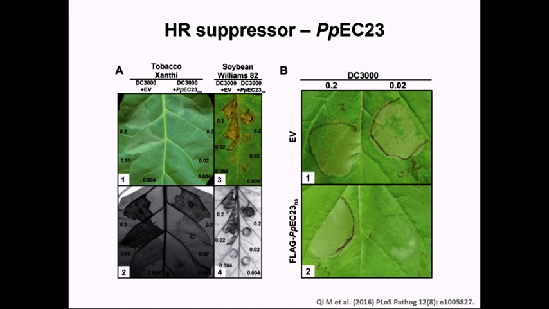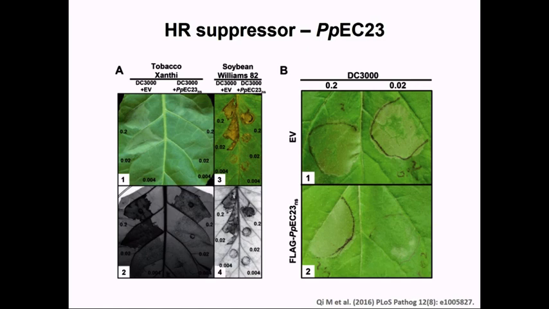And you can see that here's the hypersensitive response that's induced by this bacterium in tobacco and in soybean and in Nicotiana benthamiana. But if you express PPEC23, you see that the hypersensitive response no longer occurs. So this effector candidate suppresses the HR in tobacco, in soybean, and in Nicotiana benthamiana.